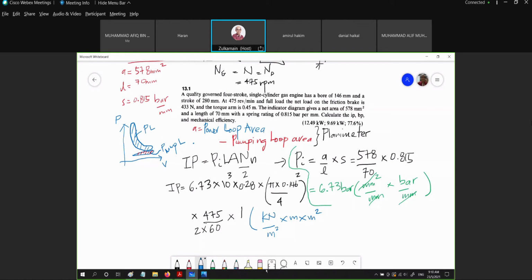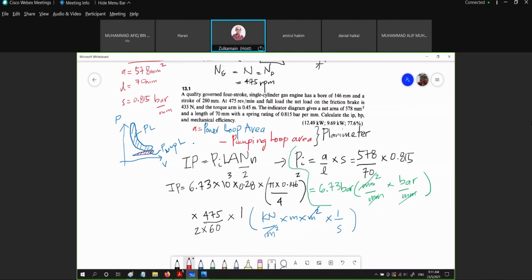And then kita dah tukarkan kita punya RPM ni kepada RPS. Okay. So apa kita dapat? Ini cancel. Ini cancel. Kita dapat kilo Newton meter per second. Kalau kilo Newton meter adalah kilojoule. Jadi kita akan dapat jawapan kita sekarang ni IP adalah dalam kilowatt. Okay, how many kilowatt is that?